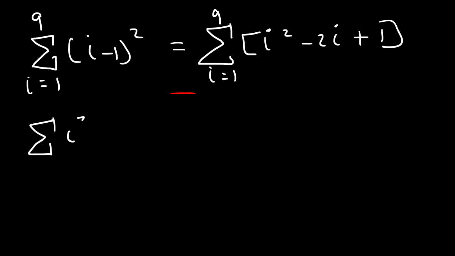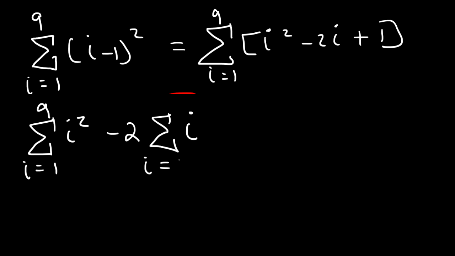So we have the sum of i squared from 1 to 9, and then minus 2 times the sum of i from 1 to 9, and then we have a constant.